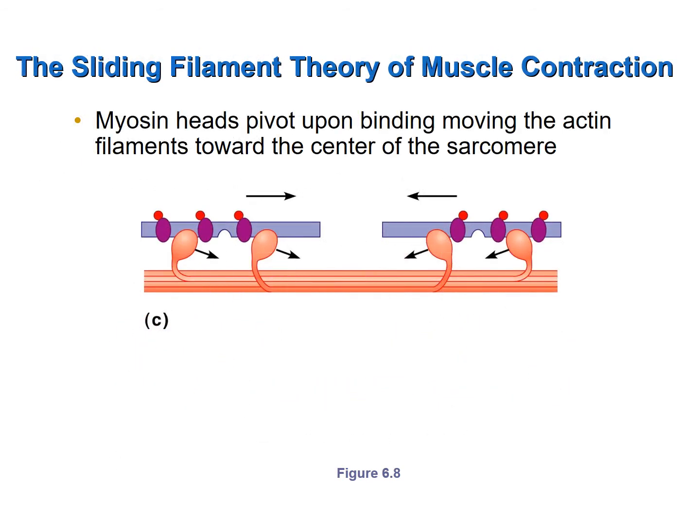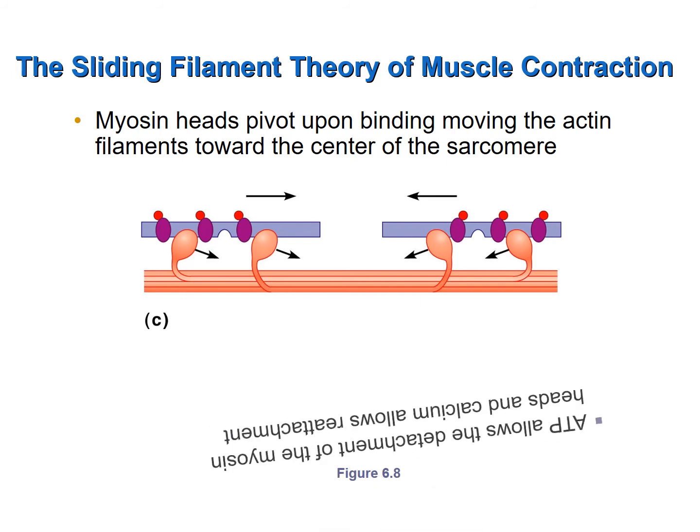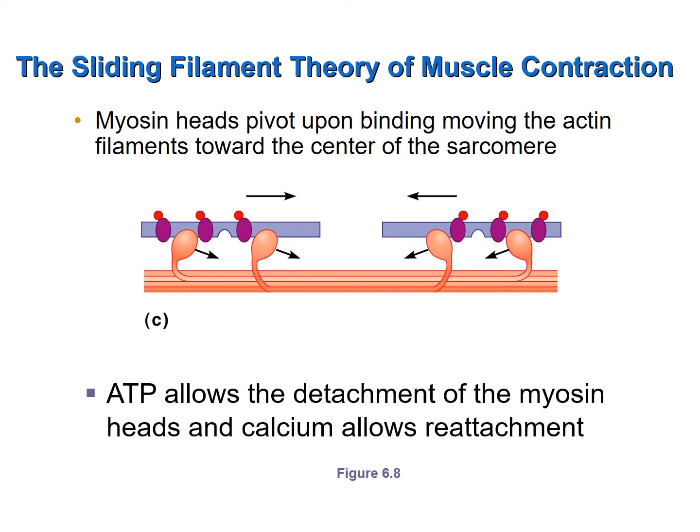After the myosin heads bind to the thin filaments, they pivot, moving the filaments toward the center of the sarcomere. ATP then allows for those myosin heads to detach and reposition for binding again.